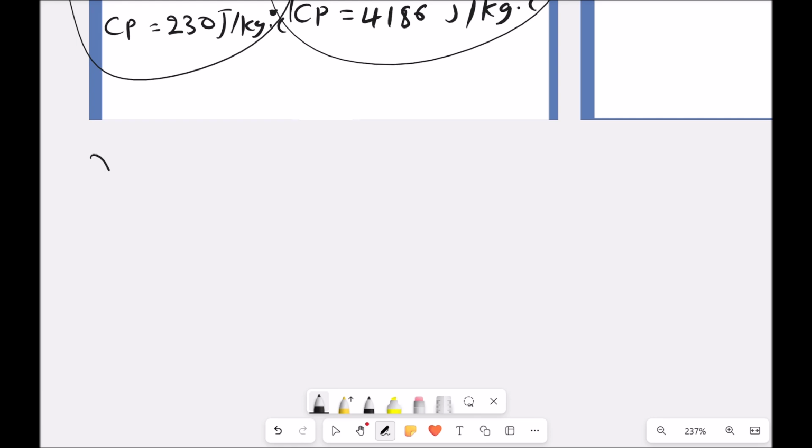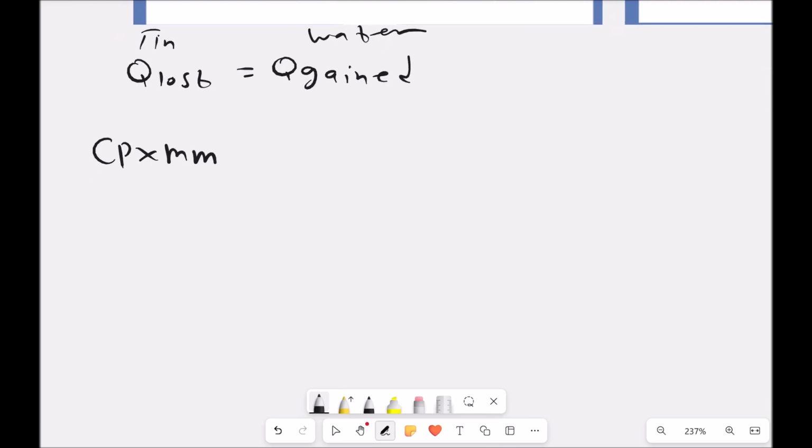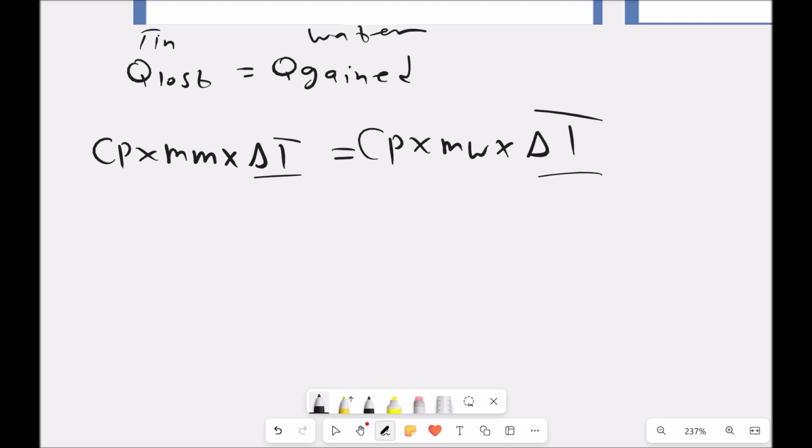So this time also, Q lost by the tin is equal to Q absorbed, or Q gained, by the water. So this becomes Cp times mass of the tin times change in the temperature of the tin, equal to Cp of water times mass of the water, sorry, this is MW, times delta T. So we have the same problem as before, just the givens are different.